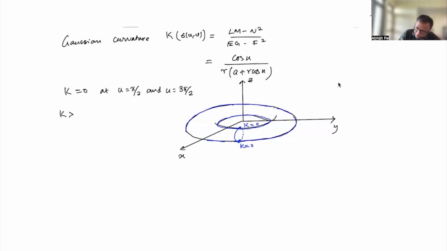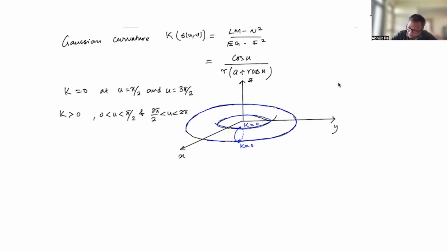K is greater than 0 if I take 0 less than u less than pi by 2, and 3 pi by 2 less than u less than 2 pi. So these two blue circles in the torus decompose the torus into two components.